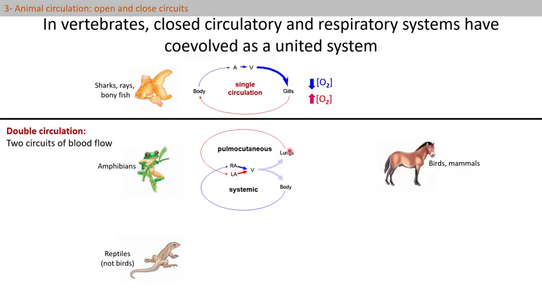The flow comes back through distinct atria and distinct circuit. So you have a pulmocutaneous circuit that goes back to the left atrium, and you have a systemic circuit that goes to the right atrium. And you can see, of course, the blood coming from the lungs is rich in oxygen, and the blood coming from the body, the peripheric tissues, is poor in oxygen. Okay?